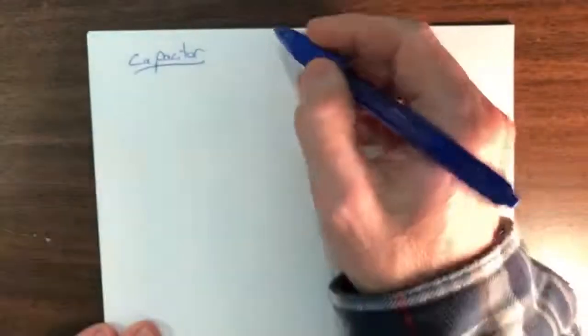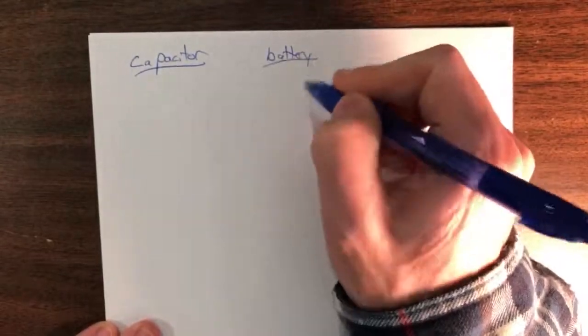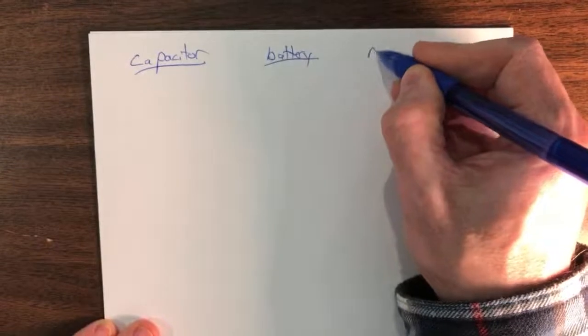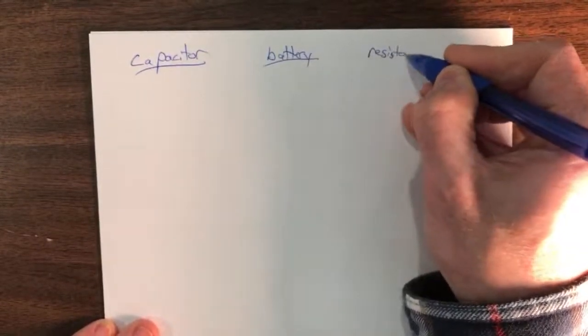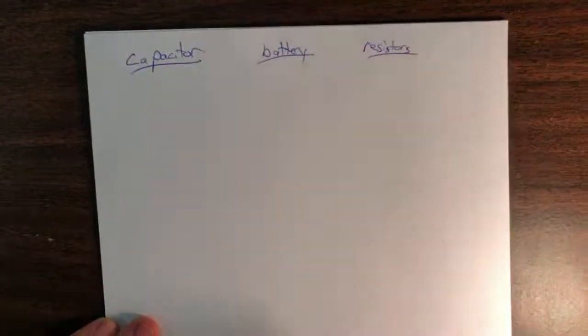All right, when we're talking about electrical circuits, we're going to be thinking about things like batteries, and you guys should be familiar with batteries, and then later we're also going to be talking about resistors and other kinds of things that can use electricity.